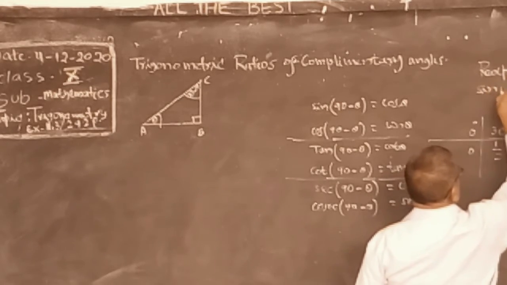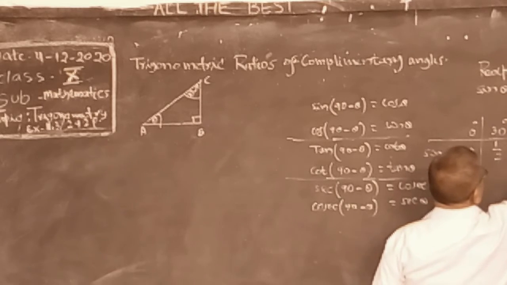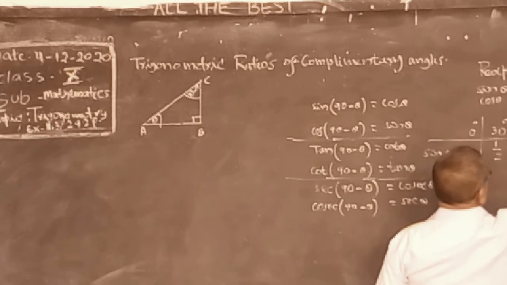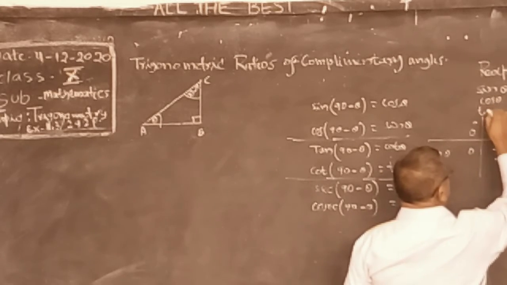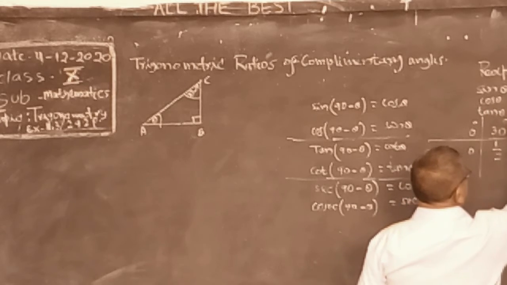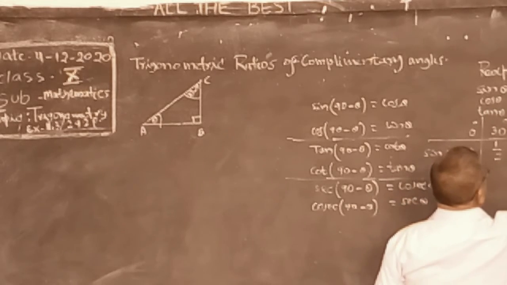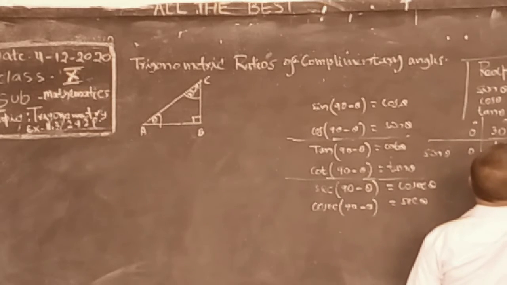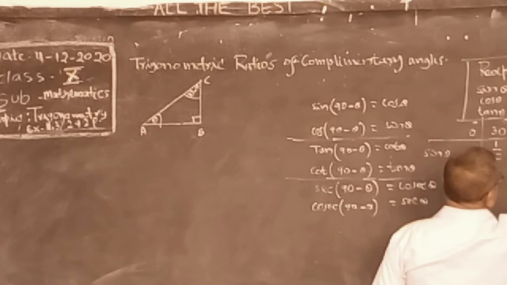Sin theta and cosec theta are reciprocals, and cos theta's reciprocal is sec theta, and tan theta and cot theta are reciprocals. Reciprocals are different from complementary angles.